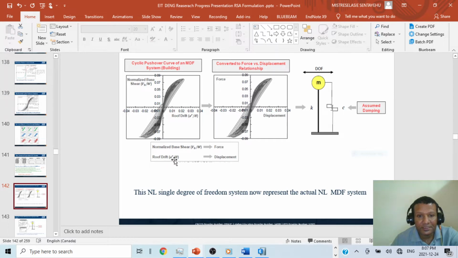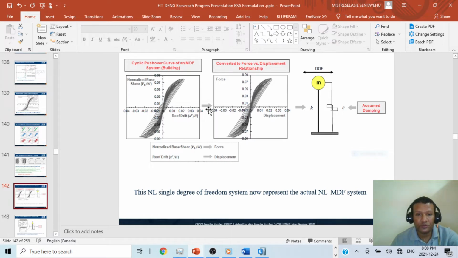Again, roof displacement XR over HR changes into displacement. Once we find this, we will assign it to the single degree of freedom system. We also apply damping. Then this nonlinear single degree of freedom system now represents the actual nonlinear multiple degree of freedom system.